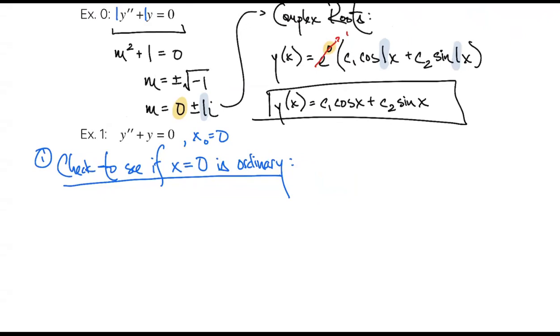Okay, and here we can tell that this coefficient here is a 1. So that's one clue. a sub 2 of x is 1, right? But another clue is if I put that invisible number in front of the y, I might notice there's a 1 there.